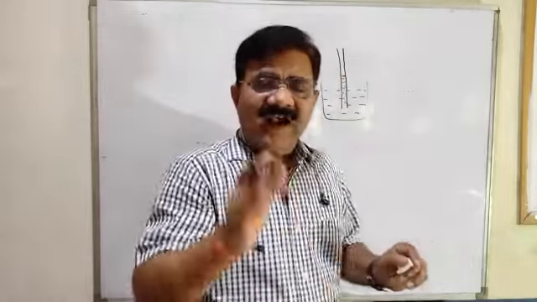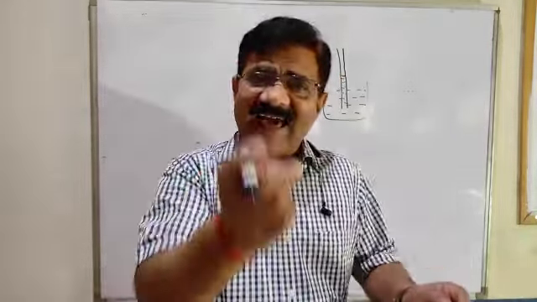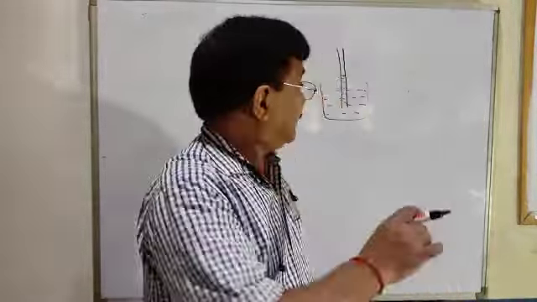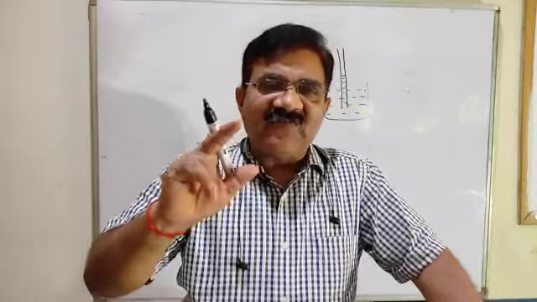Why? And one more thing, the narrower the tube, the higher the water level will be. This is a capillary with a narrow diameter, and due to capillary action the water rises in the tube. This also contributes a force by which water reaches each and every part of the plant body.